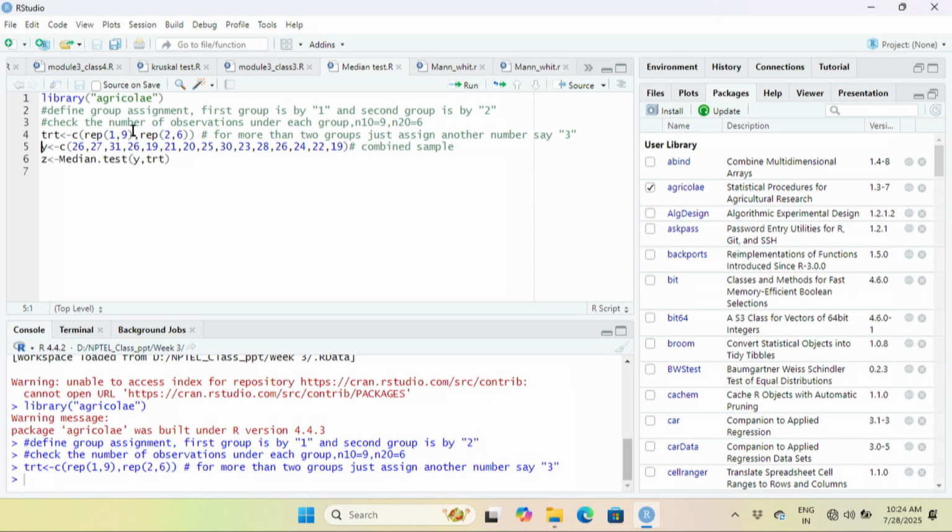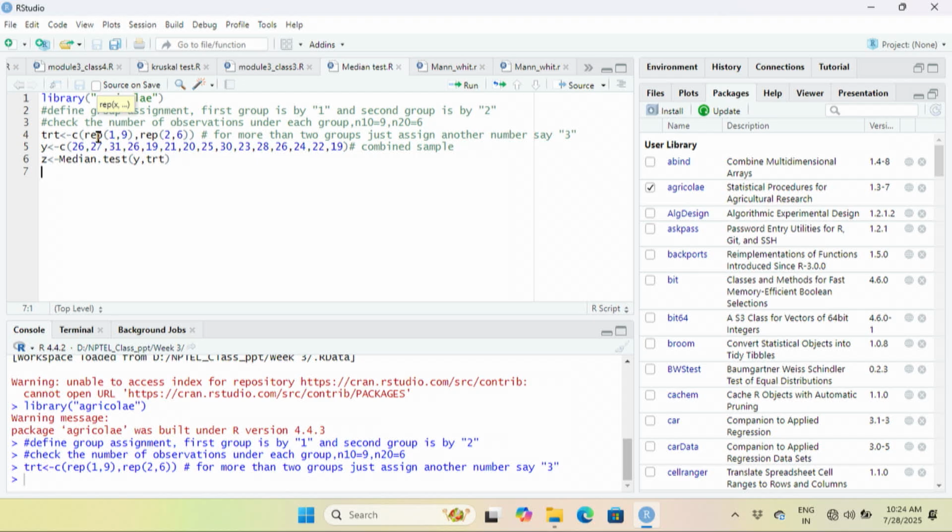Now one more thing while going for the median test. In the median test you are dealing with two types of batches, two types of treatment. In R language they are called treatments. So you have to first make the treatment-wise segment. Clear?